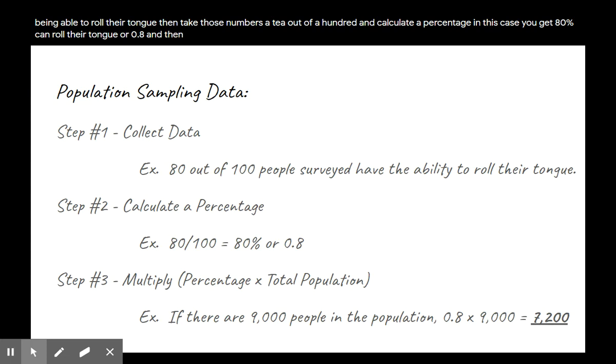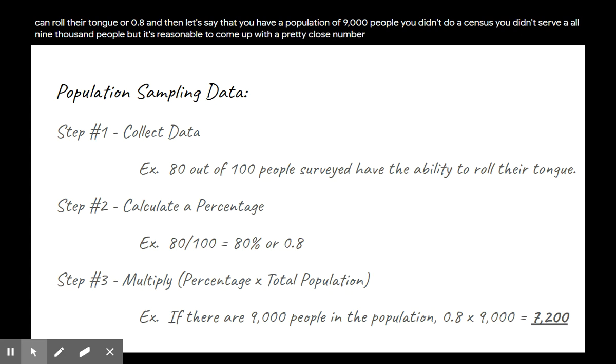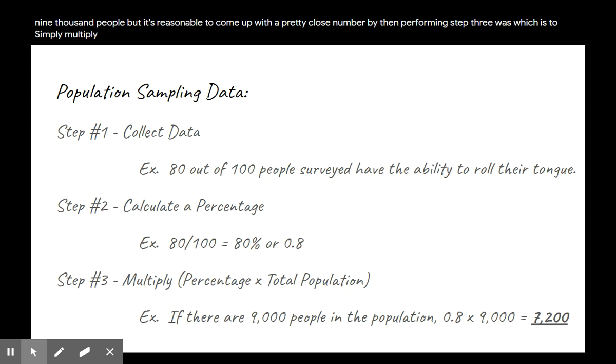And then let's say that you have a population of 9,000 people. You didn't do a census. You didn't survey all 9,000 people, but it's reasonable to come up with a pretty close number by then performing step 3, which is to simply multiply your percentage, in this case 0.8, times the population as a whole.